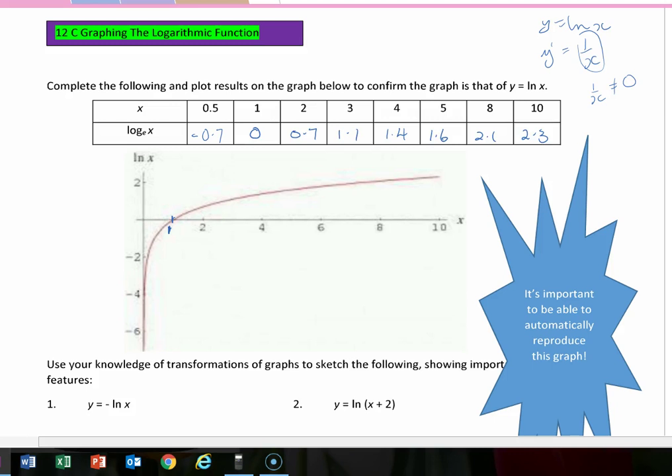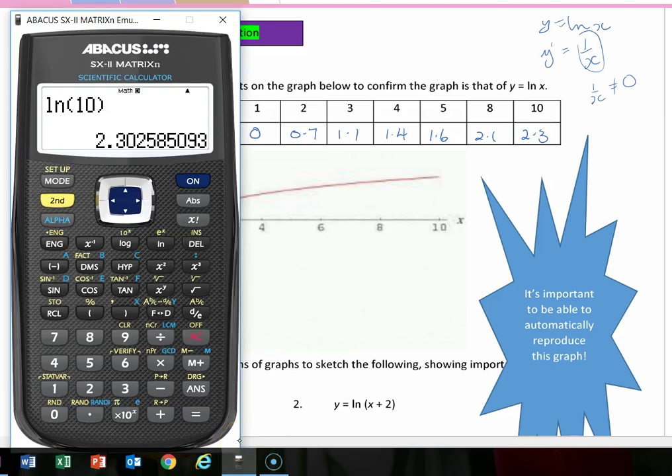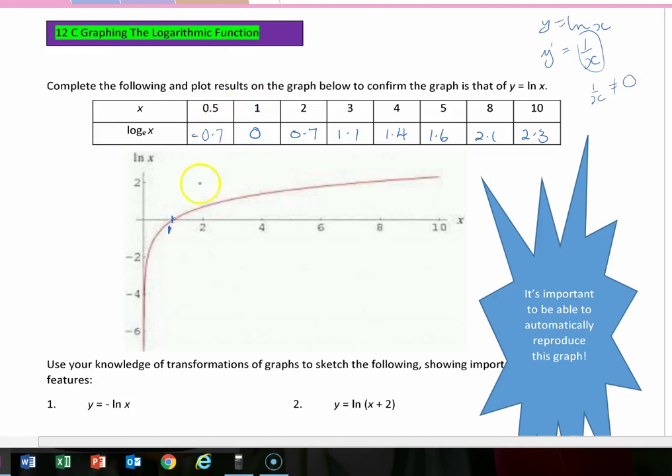And you can see that I've just used the calculator to fill out the rest of those values. Log 10 being approximately 2.3, so put that in. You don't very often see a scale on this y-axis.